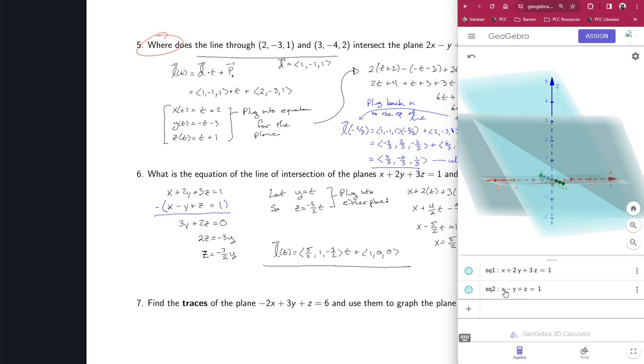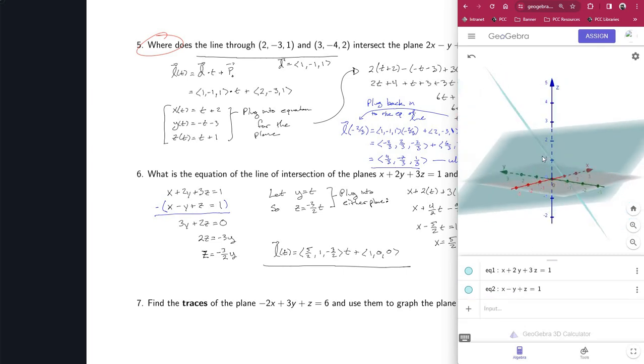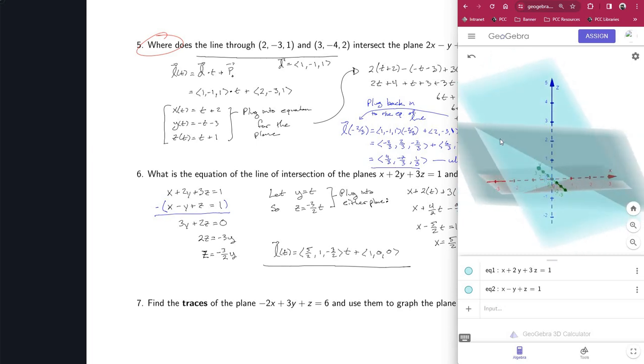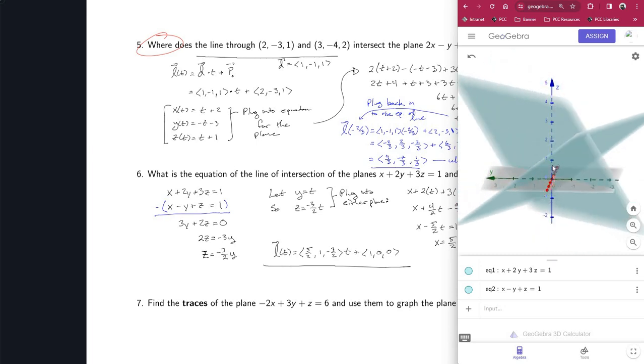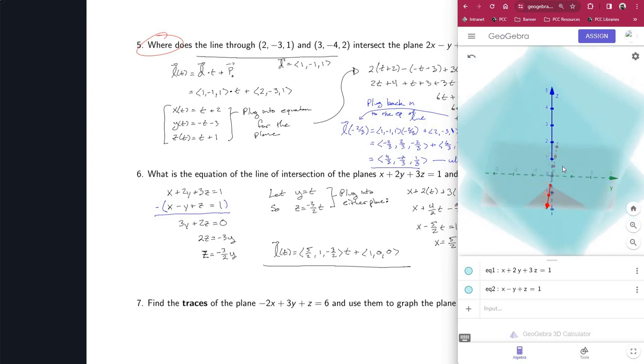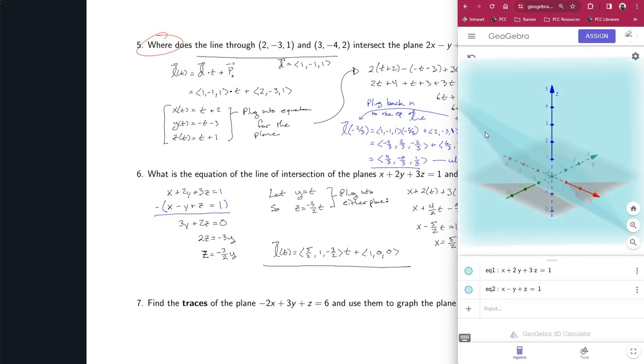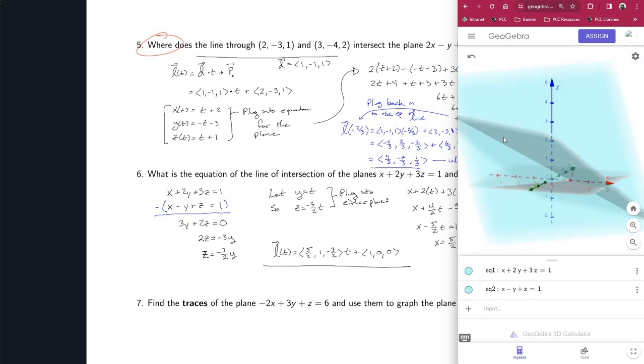And then the line of intersection that I found, we can see that intersecting line right here. That makes it real nice and obvious, right? And so let's do curve, and the x component we had as 5/2 t plus 1.